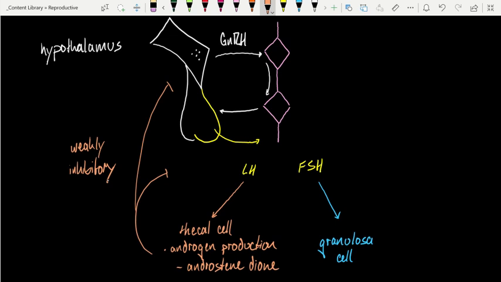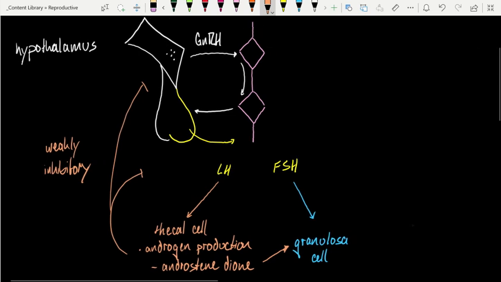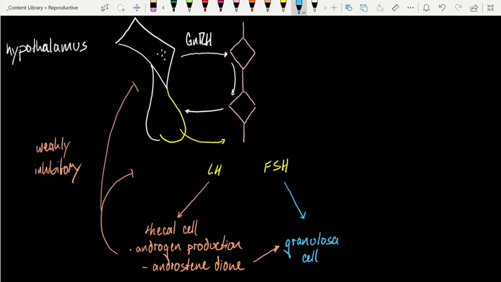Perhaps the most important hormone that we want to talk about today is estrogen. Now, where does estrogen come from? Well, if we follow the androstenedione, the androgen produced by the thecal cell, this hormone is going to be taken up by granulosa cells. And here we see a significant role for the granulosa in regulating this system. Under the regulation of FSH, and with the help of the androstenedione produced by the thecal cell, the granulosa cells are going to convert the androstenedione into estrogen.